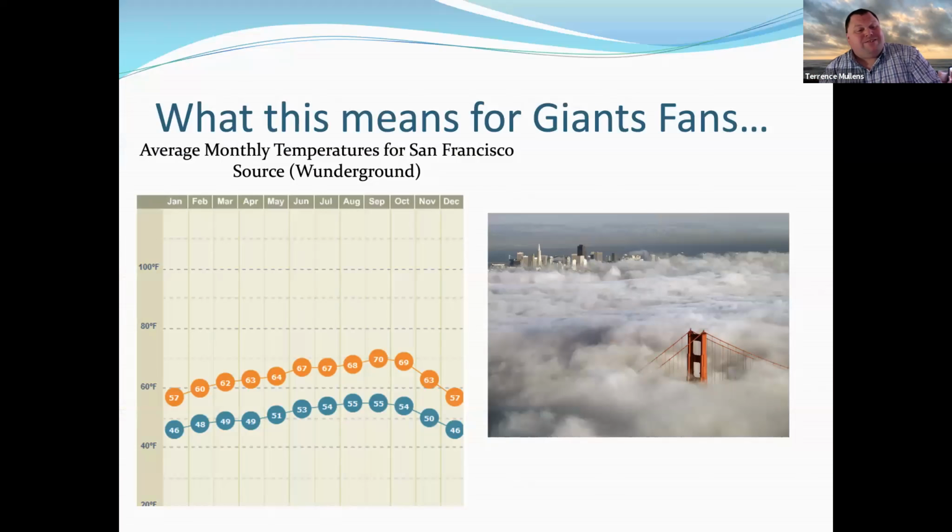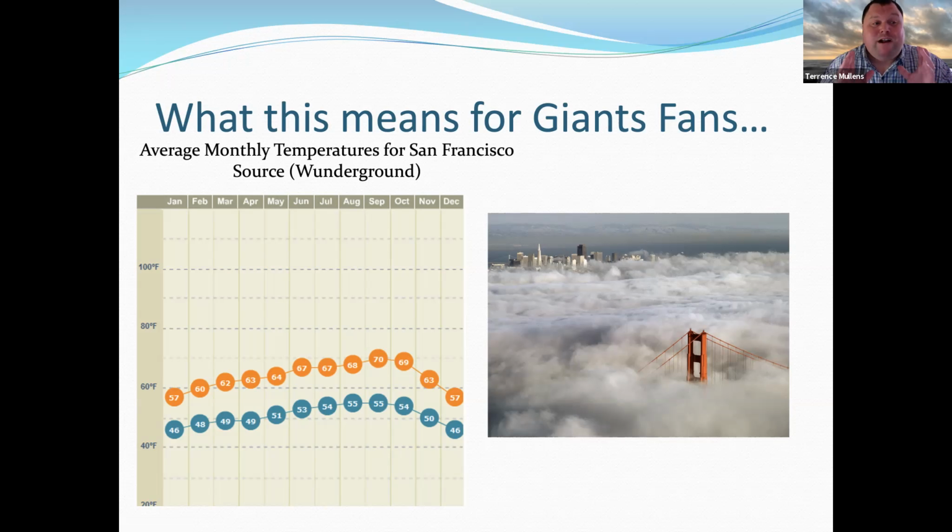And what does this mean for Giants fans? For people who live in San Francisco? Well, an interesting consequence to this is that the months of September and October are actually warmer on average in San Francisco than the months of July and August.